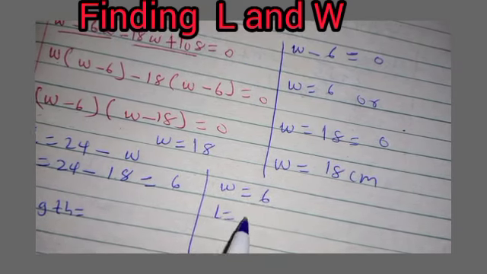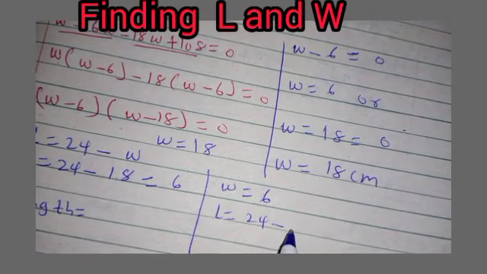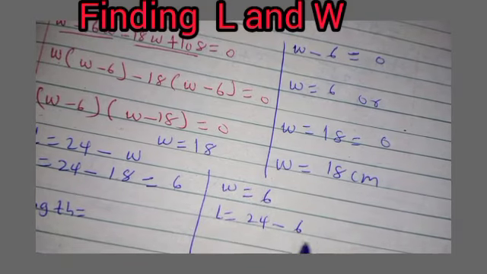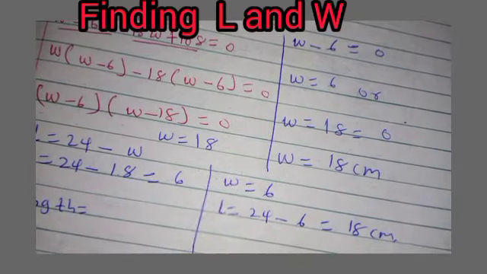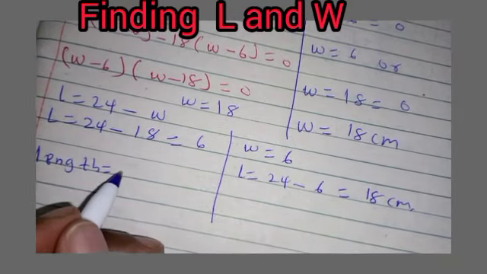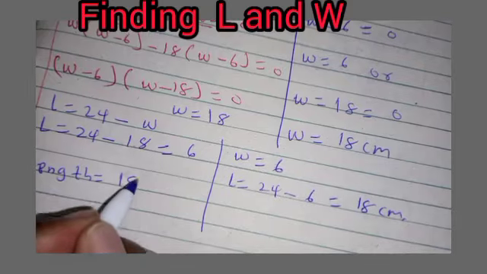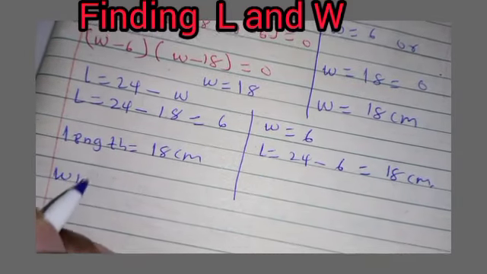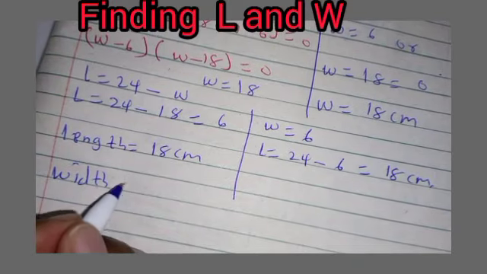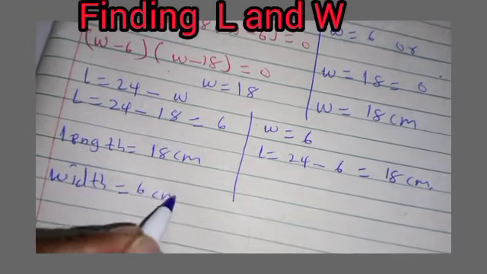So L is equal to 24 minus 6, which is equal to 18 centimeter. You can see clearly length is equal to 18 centimeter when our width is equal to 6 centimeter.